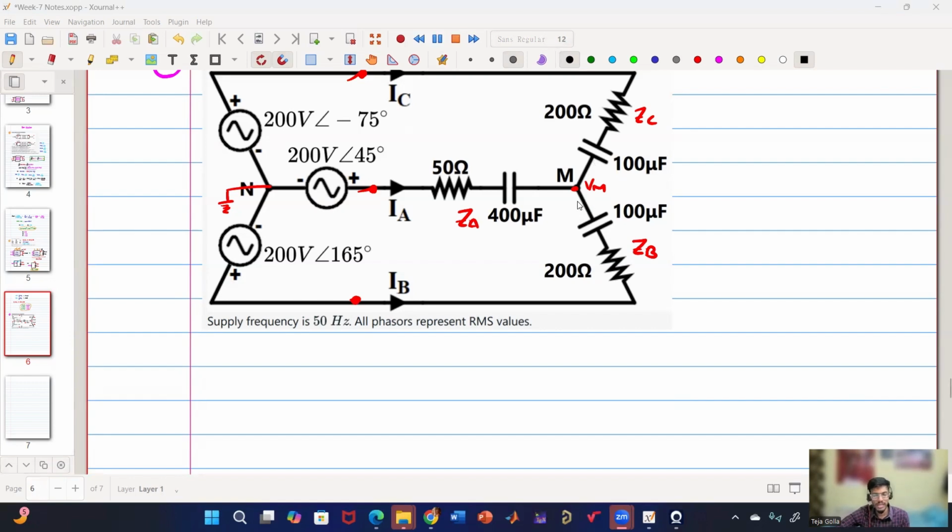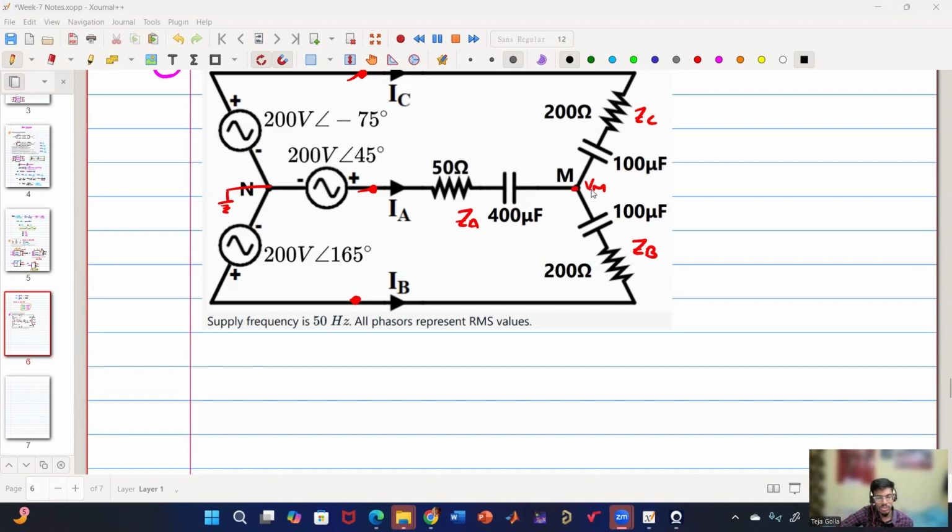Okay. So I'm saying neutral is ground, right? In any question, wherever there is voltage, this I'm considering ground. Why are you saying Vm needs to be grounded? All currents are flowing towards M, no, sir? Okay. So the KCL says that the summation of the currents will remain equal to 0. But how can you say that this voltage has to be 0?